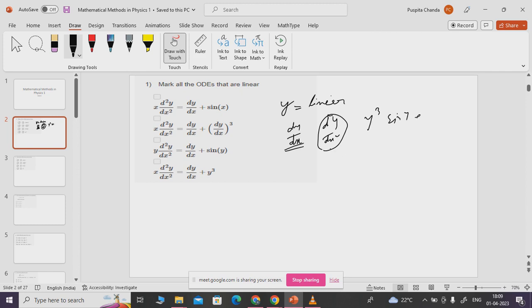So y cube, sine y, exponential y, these terms should not be present. Linear means the ordinary differential equation should be linear in terms of the dependent variable or unknown function, which is y.